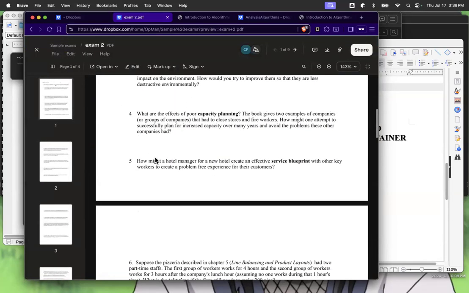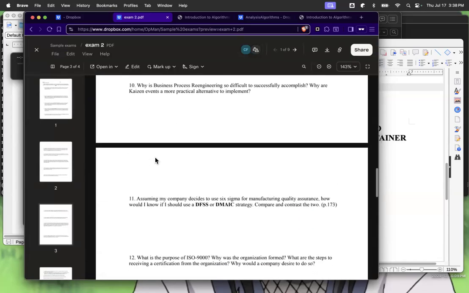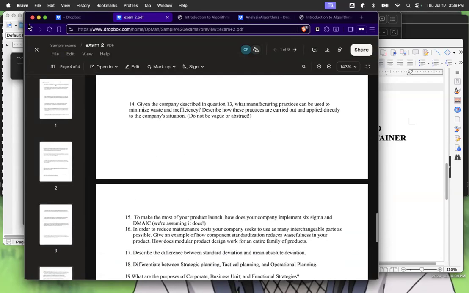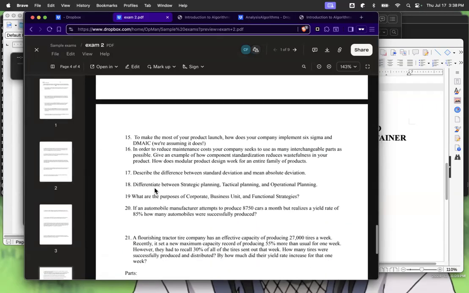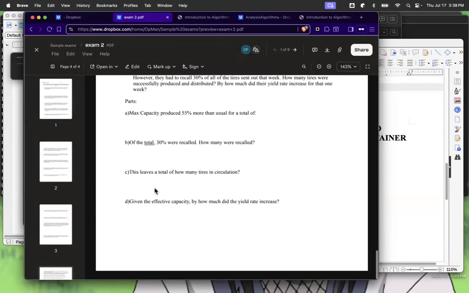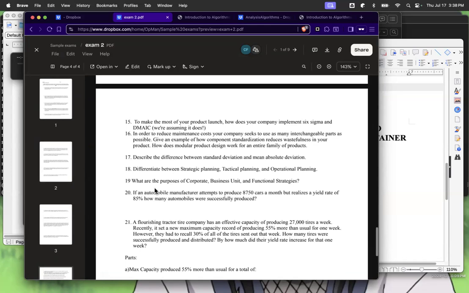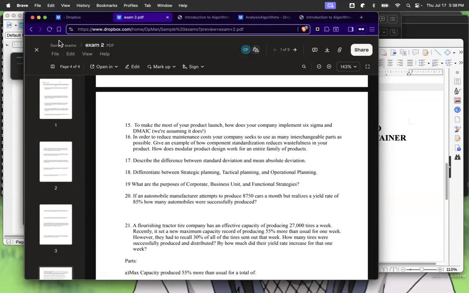Okay, so here we have what one of the exams was. How long is it? Okay, this is a pool. This is an example of a pool. A question pool is right here.